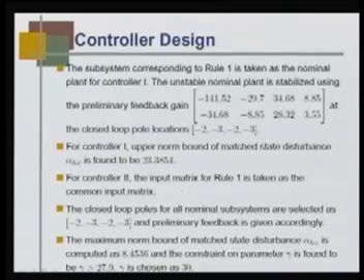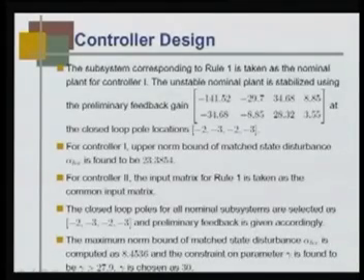Done that, in the beginning I have to stabilize the nominal plant. To stabilize the nominal plant, we place the poles at minus 2, minus 3, minus 2, minus 3, and we get these state feedbacks. You can use any MATLAB program, Ackermann's formula or any pole placement technique. For controller 1, the upper norm bound of the mesh state disturbance alpha Hx is found to be 23.3854.